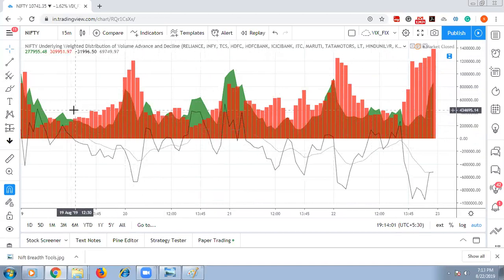In simple words, if you are seeing negative volumes growing, that tells you that withdrawals are greater, and so the market might come down. This is a very important piece of information. No other tool in this world will give this information to you.